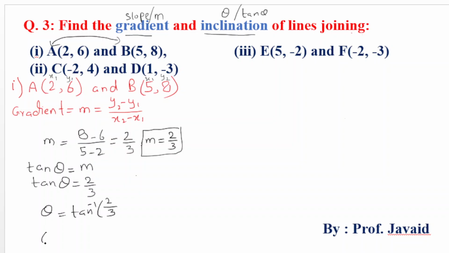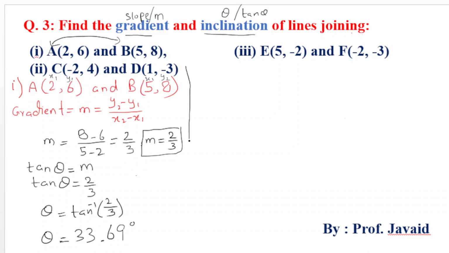Let's use the calculator now: shift tan 2 by 3 equals 33.69 degrees. So this question is completed. I hope you understand.